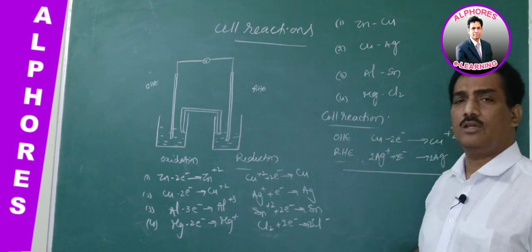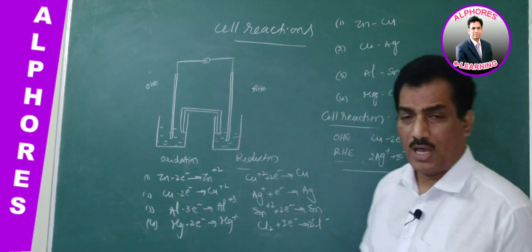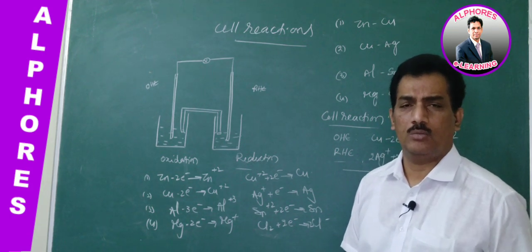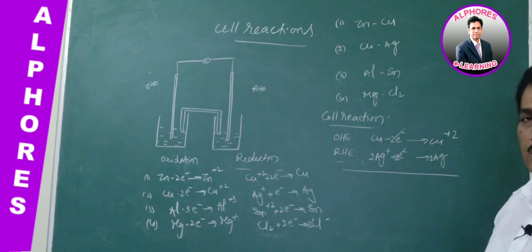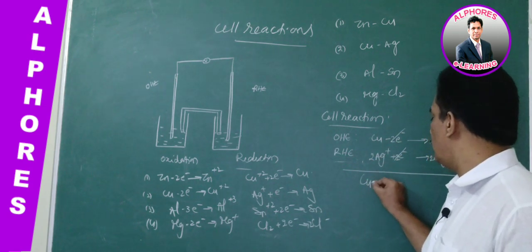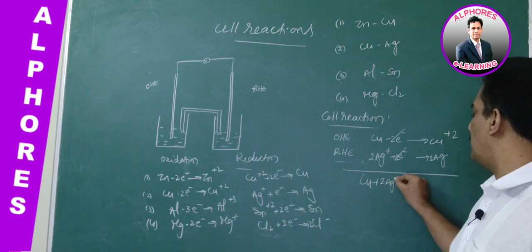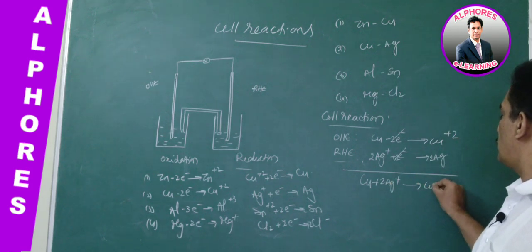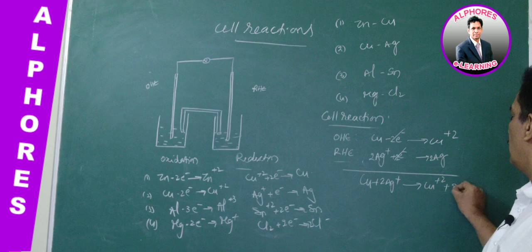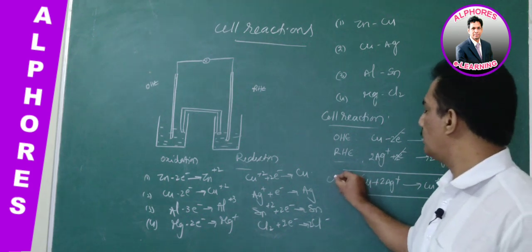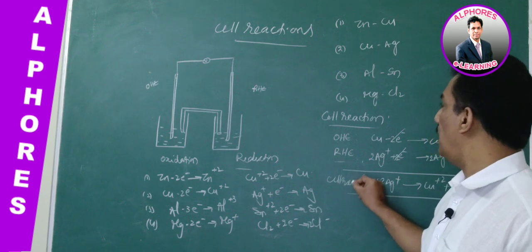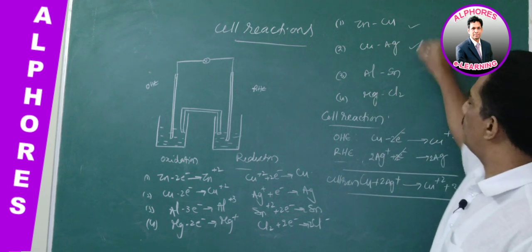It is the technique we use in balancing oxidation reduction reactions, that is, redox reactions. After this, we cancel these 2 electrons, and now we are getting Cu plus 2Ag plus to give Cu plus 2 plus 2Ag. This is the cell reaction for the second cell.